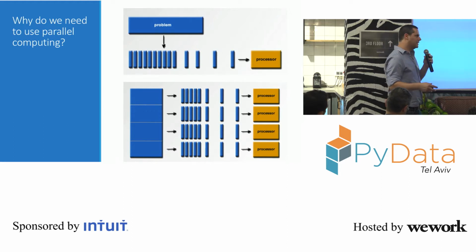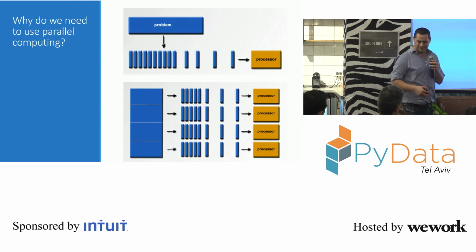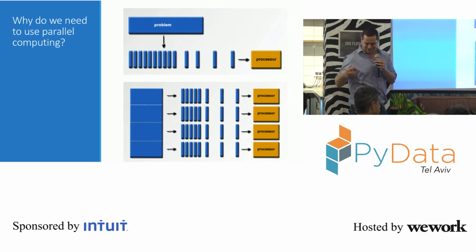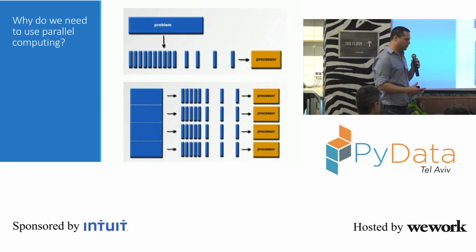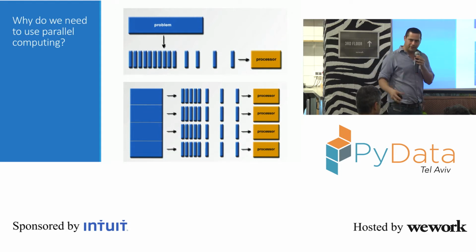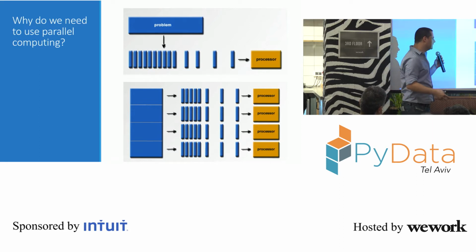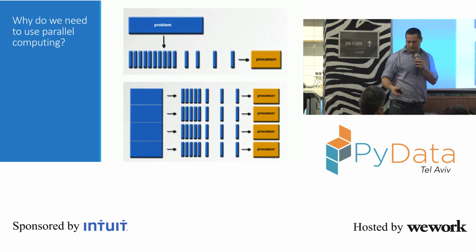And this causes the frustrating image where you see the notebook stuck, but the processor is not working at 100%. Today most computers have multiple cores, and we want to eliminate this bottleneck by parallelizing the tasks.